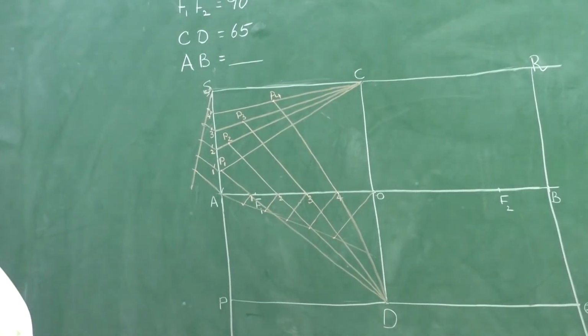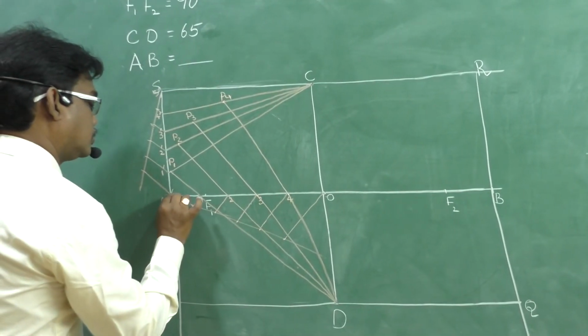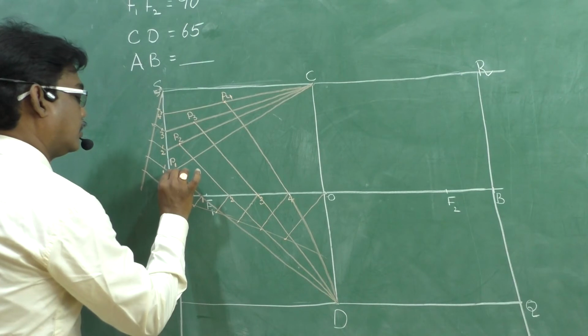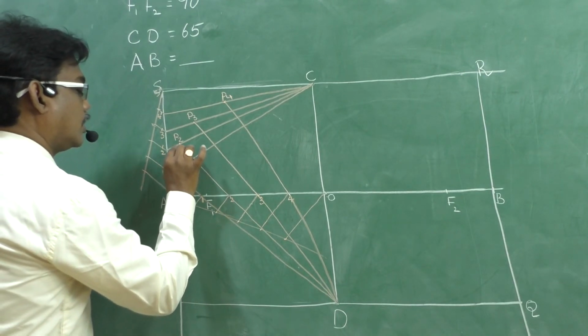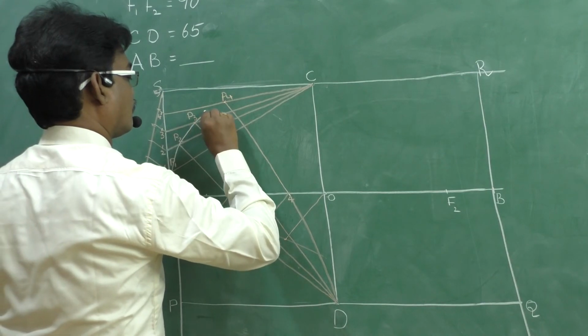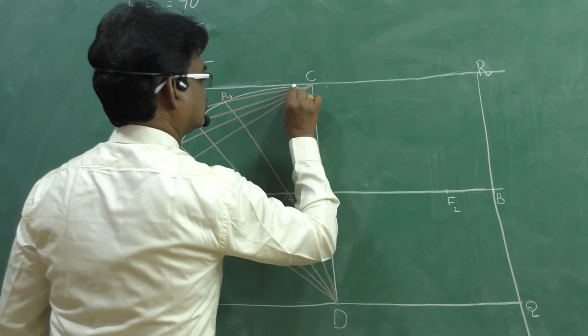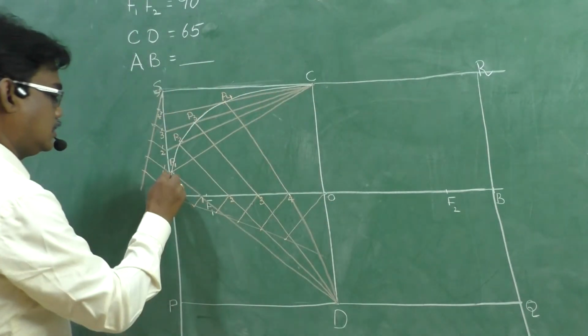Now, considering those points, draw a smooth, freehand curve. We need to draw through these points. Okay.